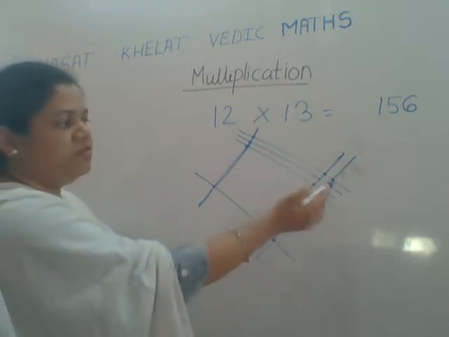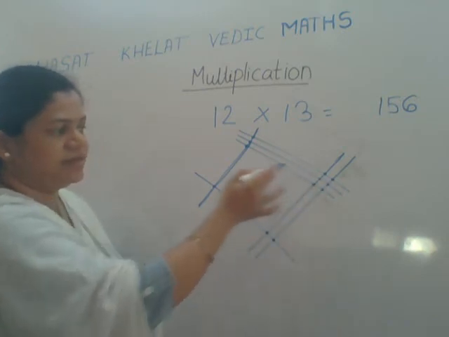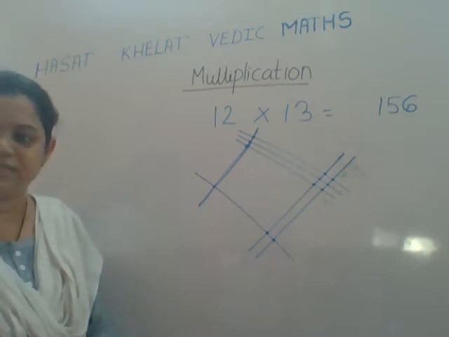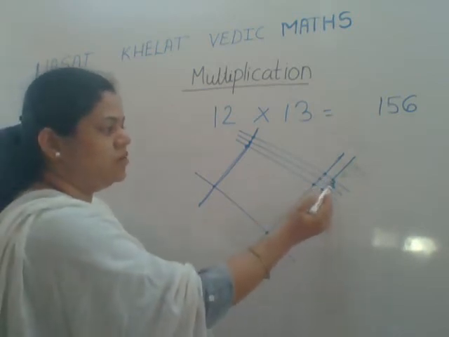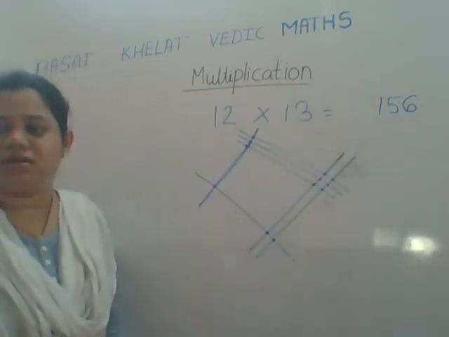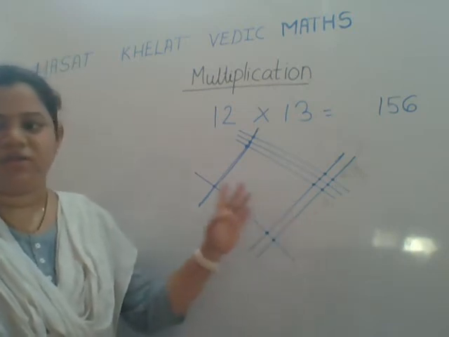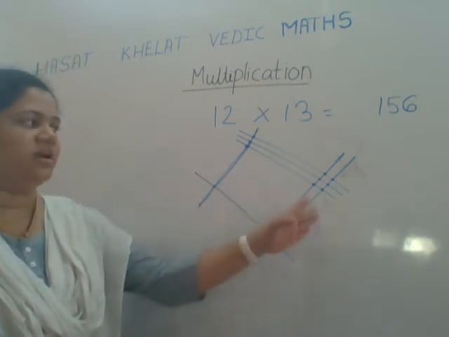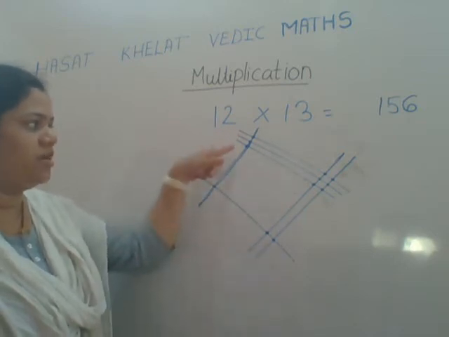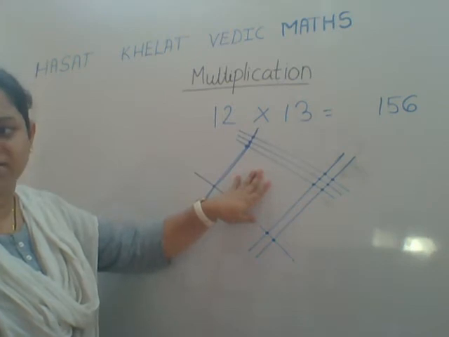On the very right hand side, I found that the lines were intersected 6 times. So I counted all those intersection points and wrote 6 in the units place. Then moving from right to left, I counted the points again. For the middle portion we have to add the intersection points.